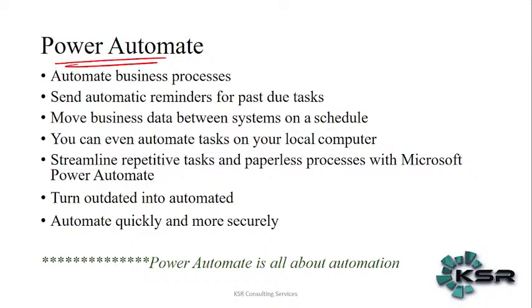We are going to use Power Automate. Now, what is this Power Automate? Power Automate is a method where you can automate your process. Whatever manual work you're doing, everything can be automated. See, automation is going to be the future.